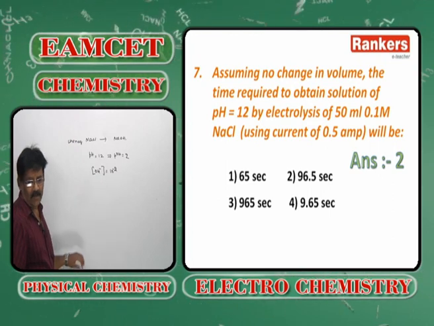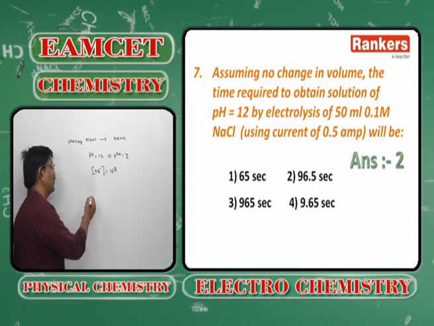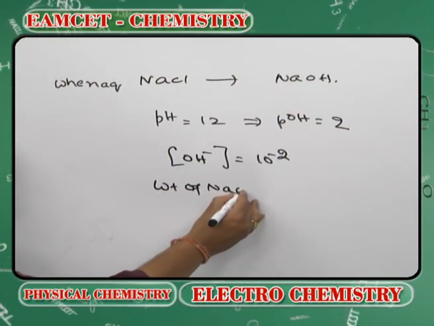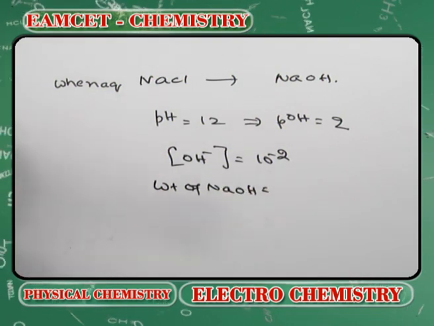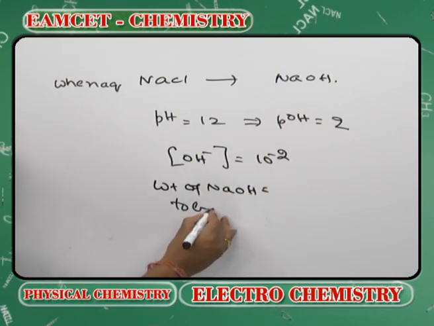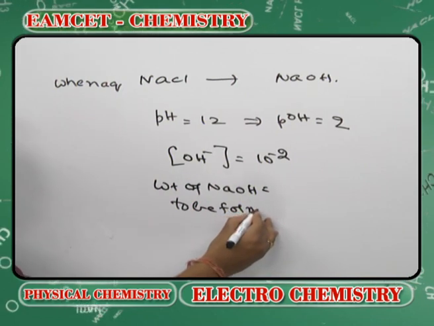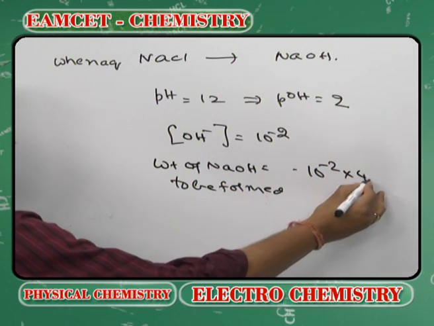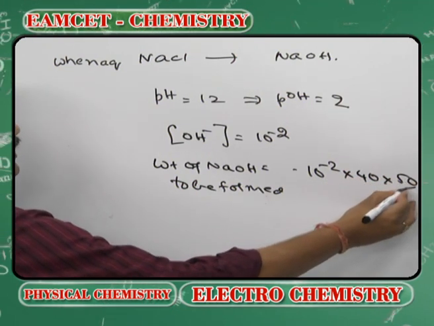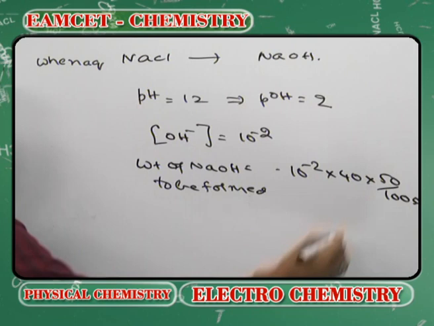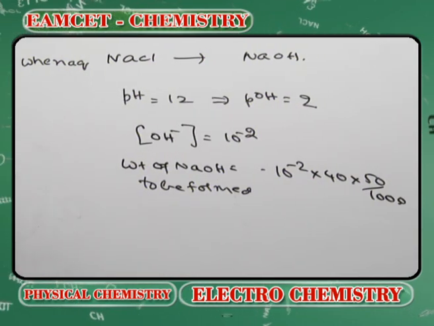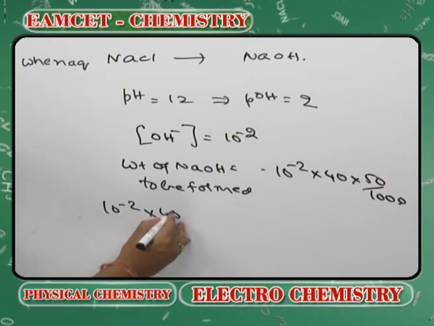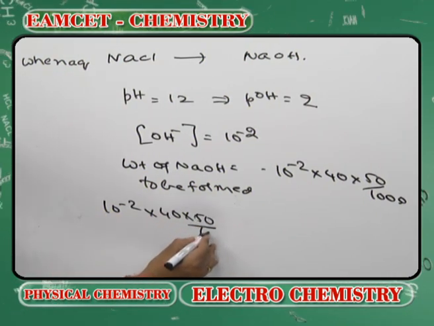Now, what is the weight of NaOH to be formed? It is 10 to the power of minus 2 into 40 into 50 by 1000.